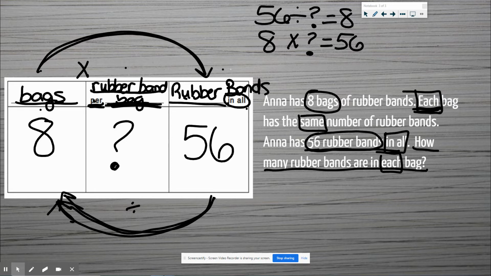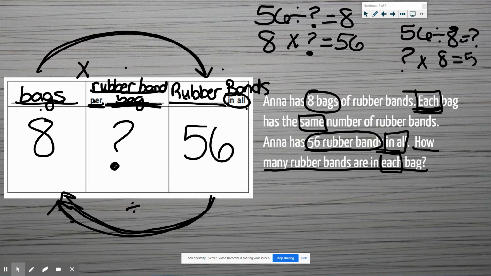I can think about the rest of my fact family and find the one that's going to be easy for me to solve. So I would have 56 divided by 8 equals question mark, and then question mark times 8 equals 56.